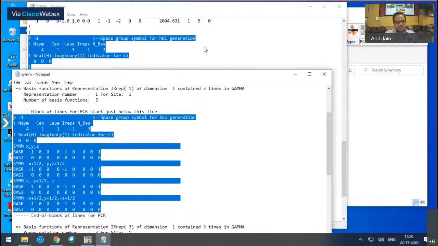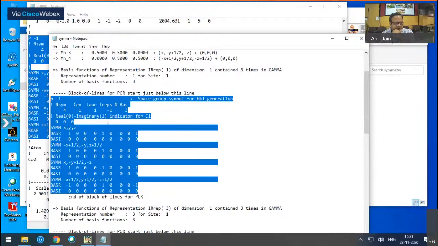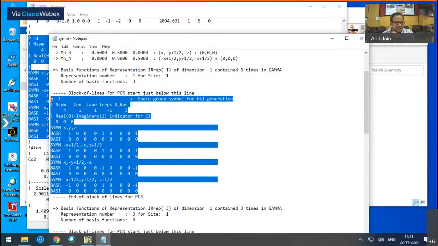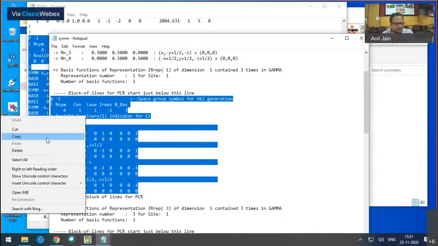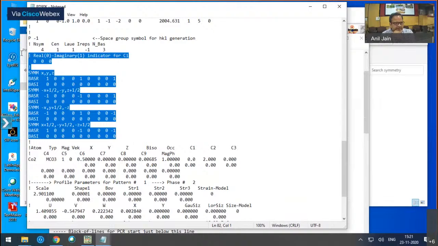So this is the output of our symmetry operation. Iron and manganese go to the same site, and we have the 4 positions in our space group of these sites. Now, this is the block of the PCR file, which I can directly copy and paste here.